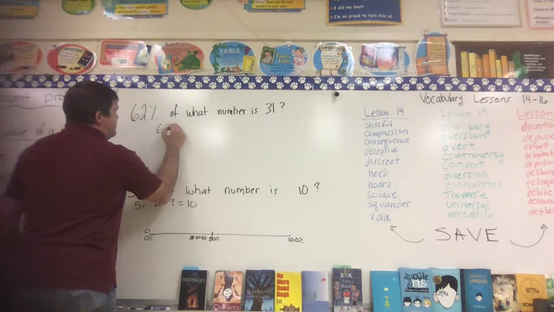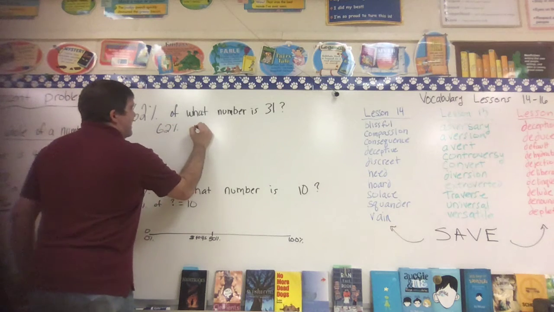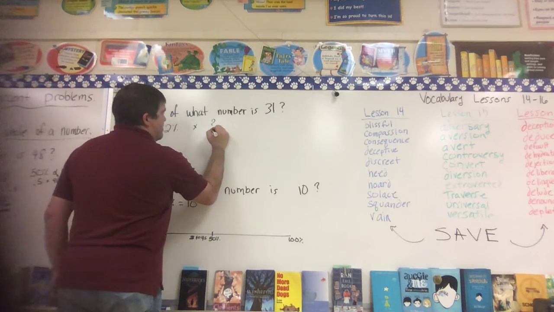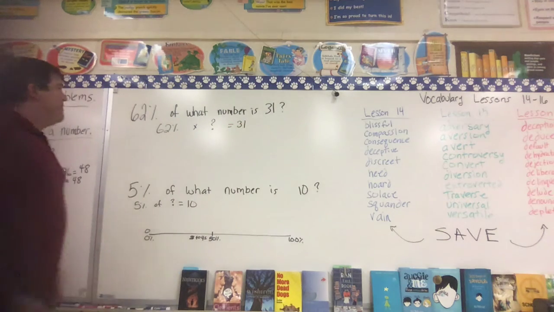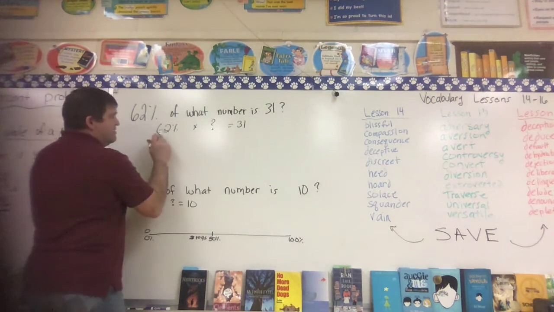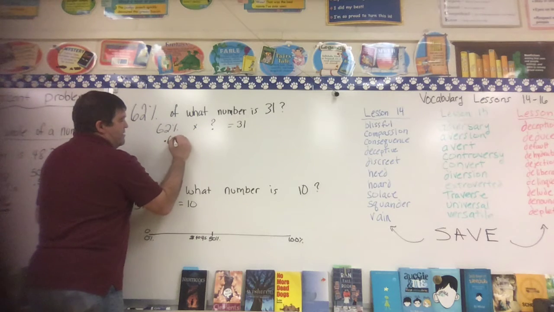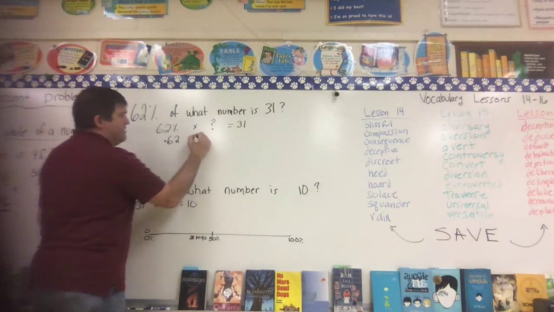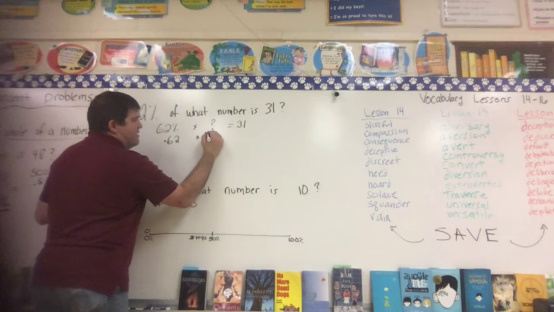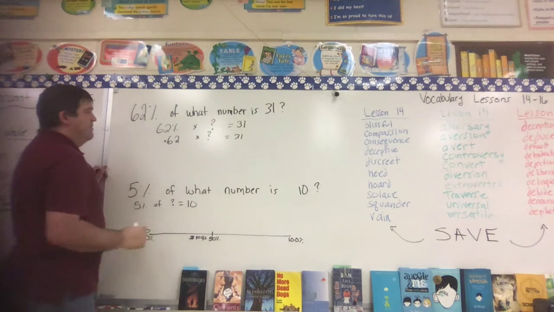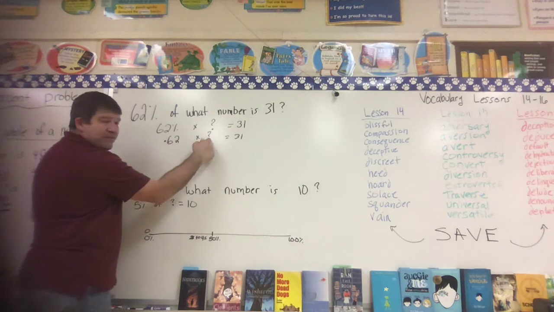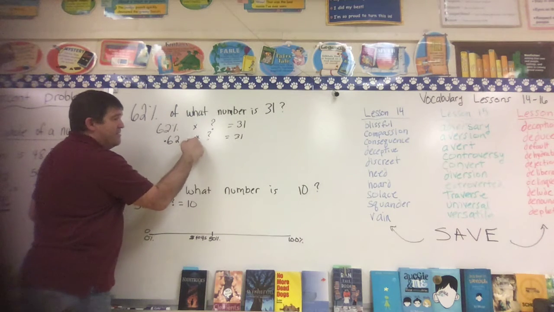So 62% times my big question mark is 31. So now I'm going to change this to a decimal. 0.62 times my question mark equals 31. Now it's times this number, so I have to do the opposite of times.